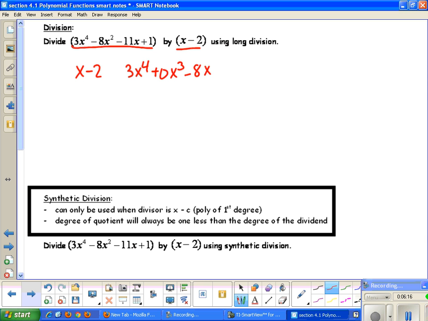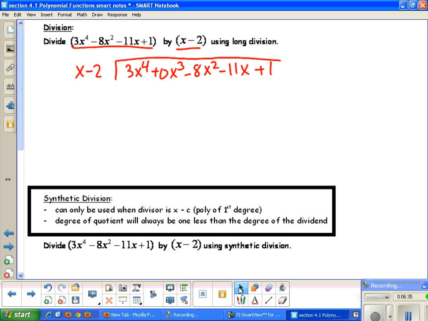Minus 8x squared minus 11x, and then plus 1. So if you look at this, the first term's degree 4, the second term is degree 3, 2, 1, 0. Since I have them all in order now, I know I'm okay to do my long division.